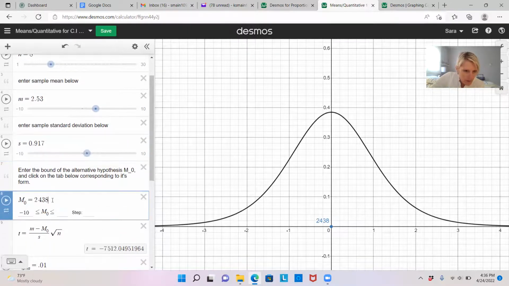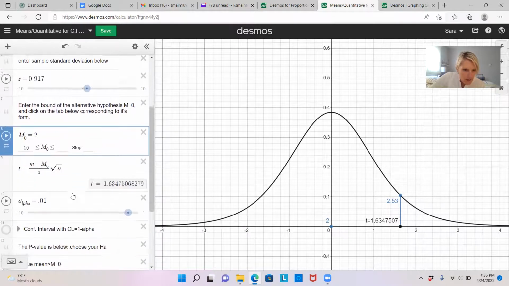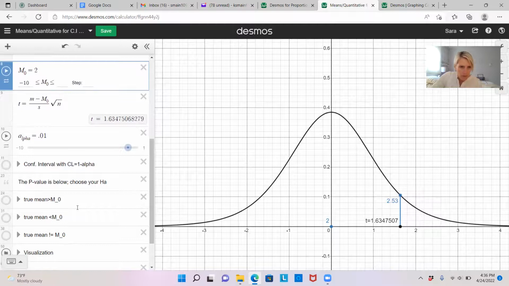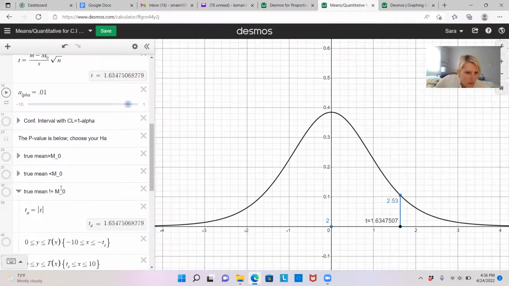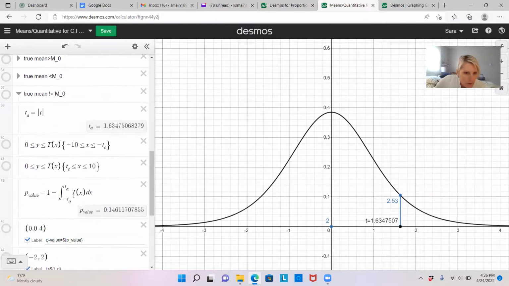And we're comparing that to our population mean of 2. So our t-score is 1.63, which doesn't seem very far above the mean. So 1.63 standard deviations. So we're going to go to our not equal to, which is the third choice here for the p-value. And then we're going to scroll down and our p-value is 0.146.